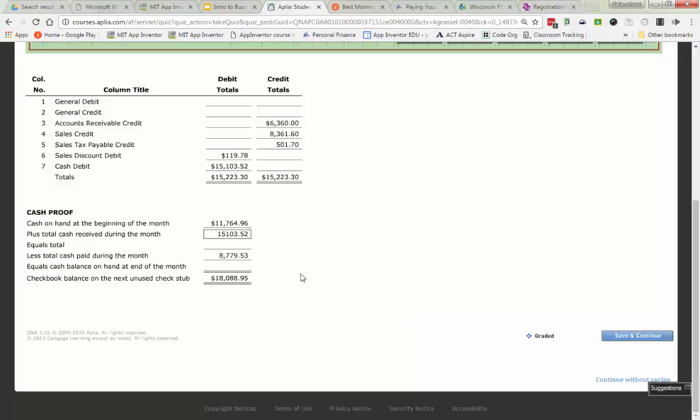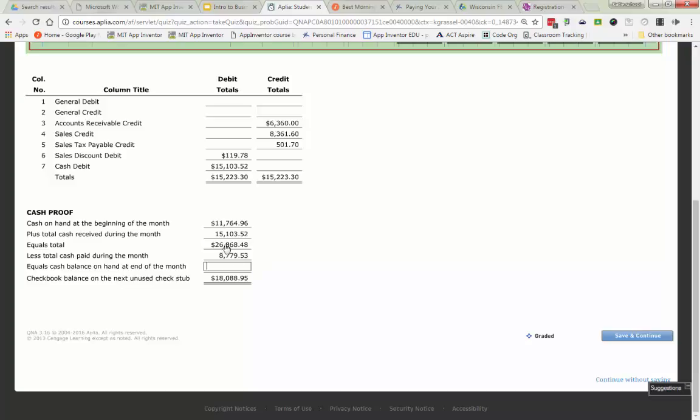It says cash on hand at the beginning of the month plus cash received, so I have to add those two numbers up. I got 26,868.48. Did anyone else get that number? Got some nodding up front. I've been having a hard time doing math, so I want to make sure I didn't do it wrong.